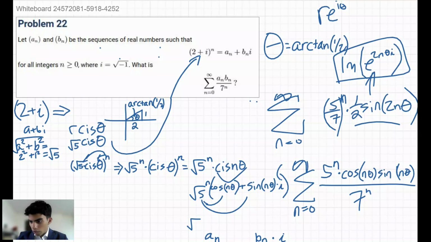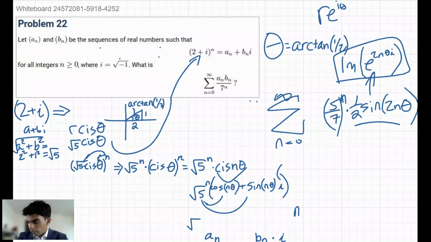So if I go ahead and erase this out and rewrite this as being 5/7 to the n times 1/2, and we can move the 1/2 to the outside since it is a summation.